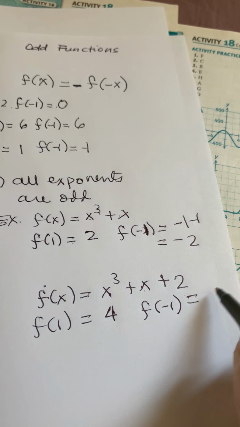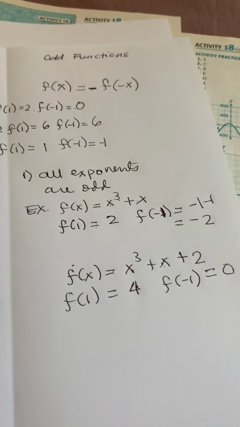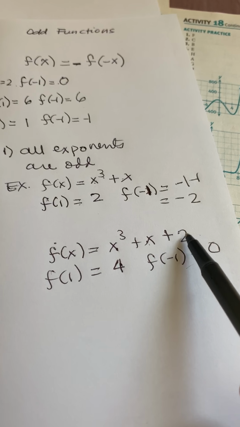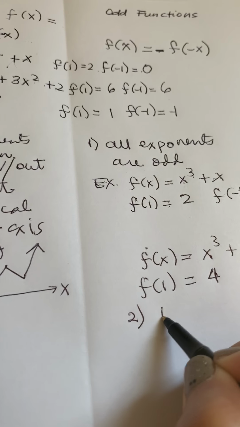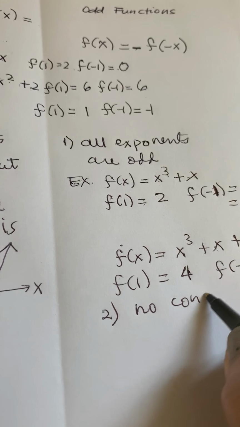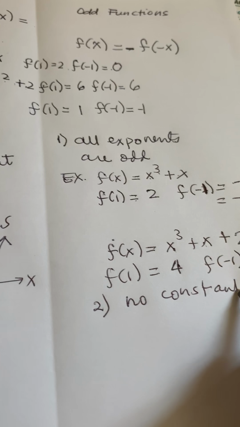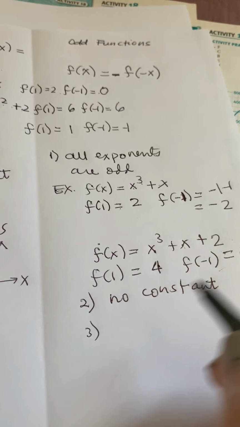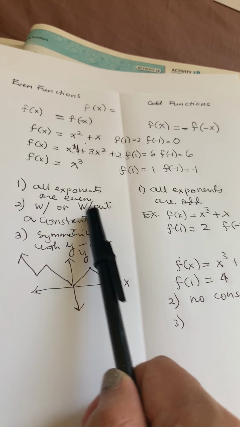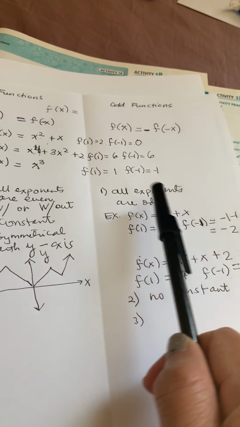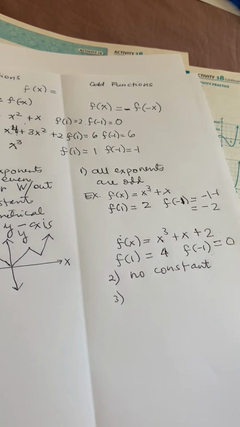This will be 0, so it's not odd anymore. So there should be no constant. So all exponents are odd and no constant. Again, the difference: for even, all exponents are even with or without a constant. For odd, all exponents are odd, no constant.